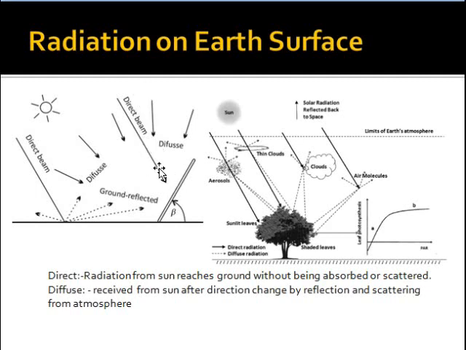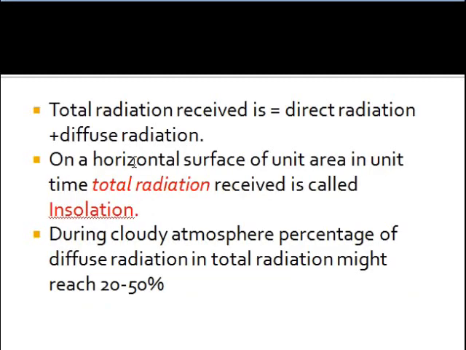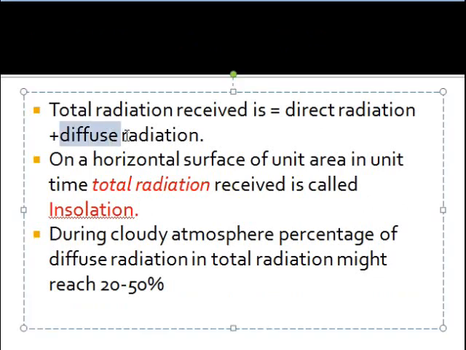But diffused radiation is, see, clouds. It hits the cloud, then it hits the air molecules, then there are aerosols, or we can say some water vapor droplets. Those things will reflect the radiation, that is called diffused radiation. So both of these constitute the total radiation received by the earth, and this total radiation received is called insolation.